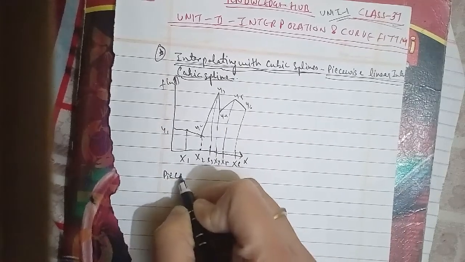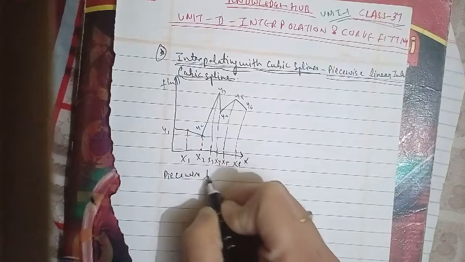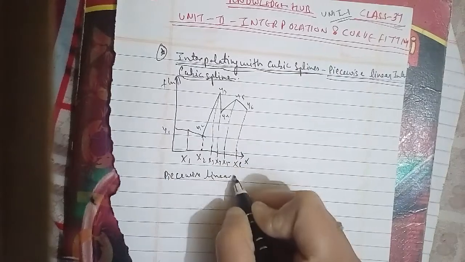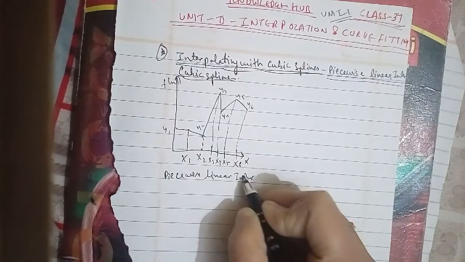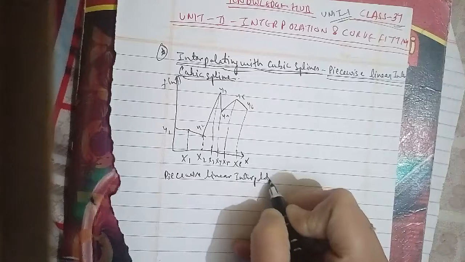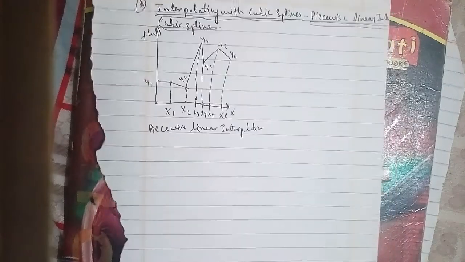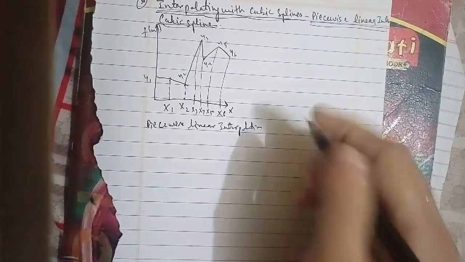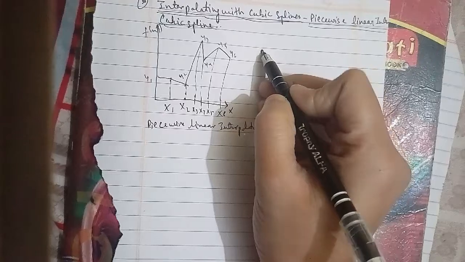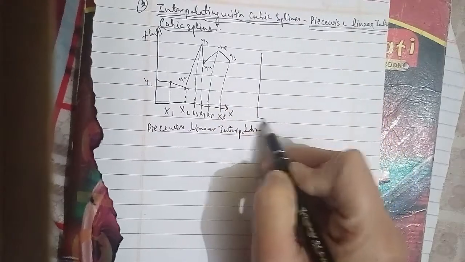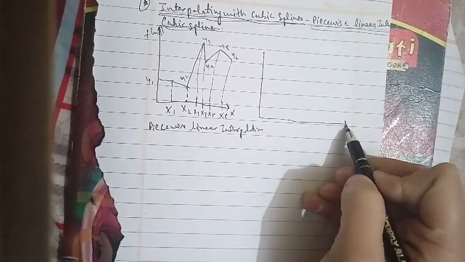Now we talk about the cubic spline interpolation. On the x-axis this is x1, x2, x3, x4, x5 and x6, and this is y1.